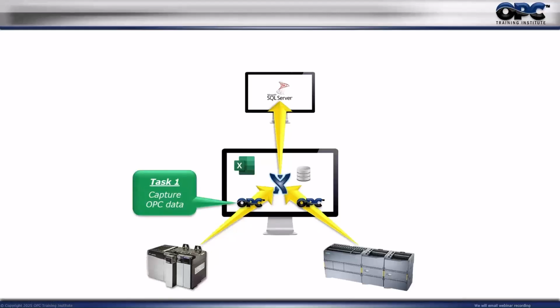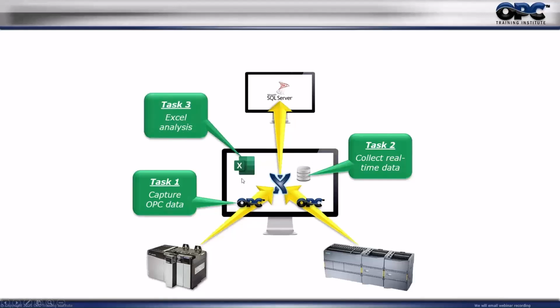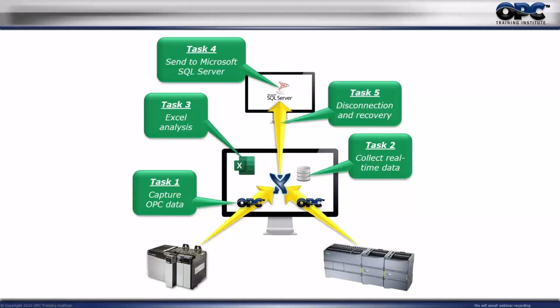So 5 steps I'm going to show you here. We'll capture the data using OPC DA and UA, and then we will collect this real-time data. Then I'll show you that the data is available in Excel, and we're going to send that data out to SQL. Once we see this, I will also show you what happens when there's a disconnection and a recovery.